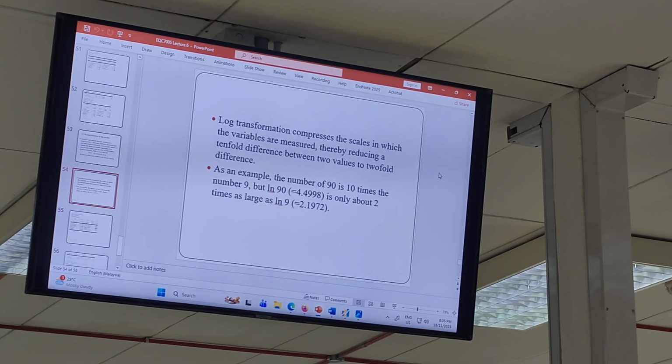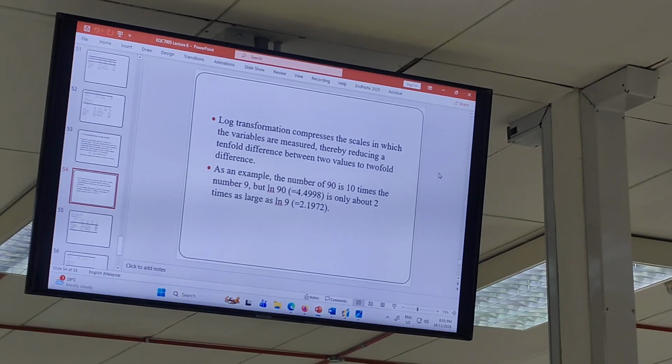So log transformation compresses the scale in which the variables are measured, thereby reducing the difference between two values, so that you reduce the magnitude of the values. As an example, the number 90 is 10 times the number 9, but log 90 is equal to 4 something, so only about 2 times as large as log 9, which is about 2.